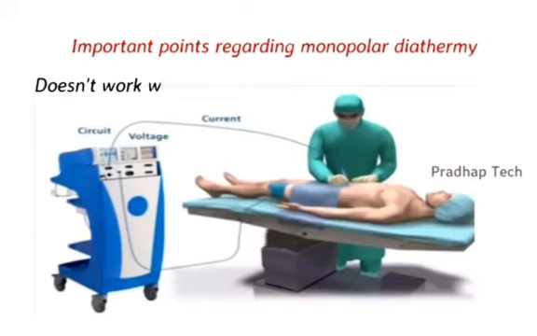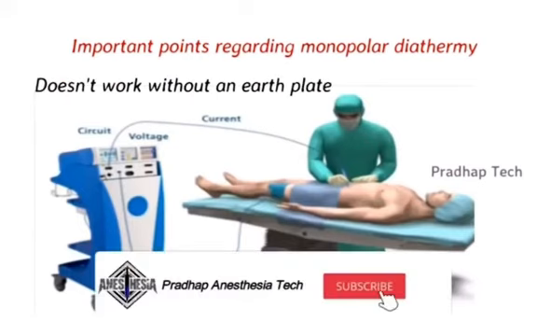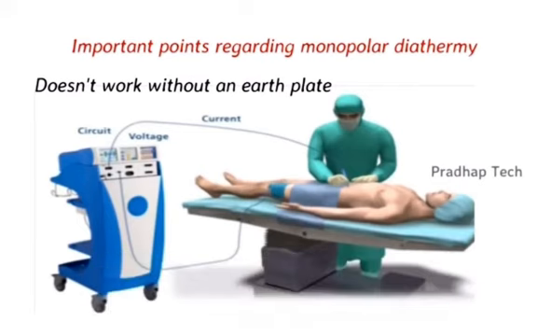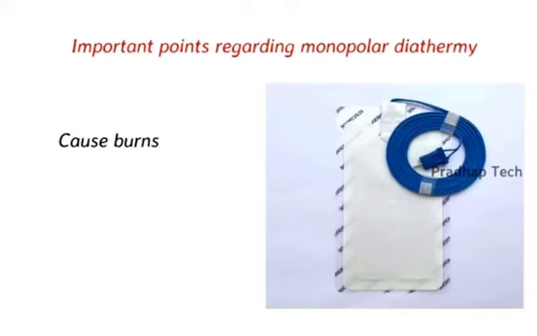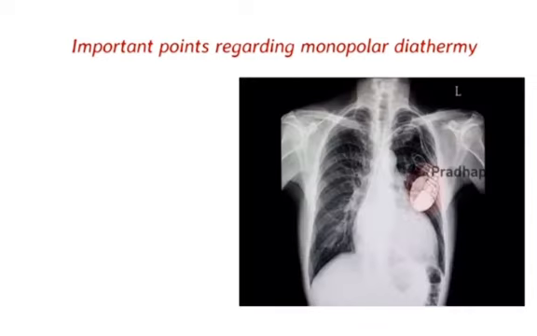For the patient, monopolar diathermy doesn't work without connecting an earth plate, and the earth plate is applied on wide skin areas with reduced hair, and the current flows through it. We don't reuse the pad again and again because it is for single use only, because sometimes it burns and attaches to the body tissues.